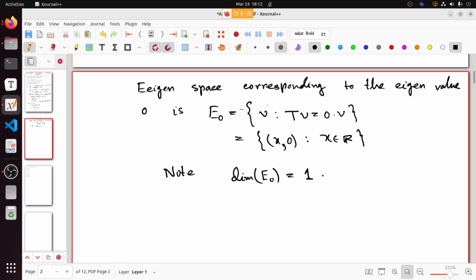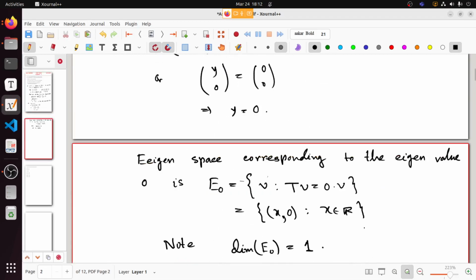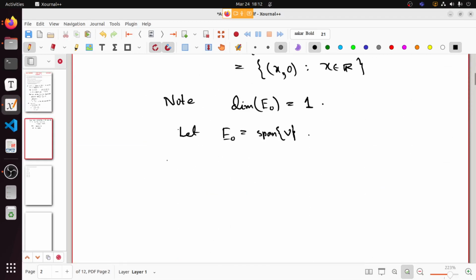So it has only one basis vector. Let E0 be the span of v, right? But T is a map from R2 to R2. The corresponding linear operator T, or L of A as you can denote it, is a map from R2 to R2, right?